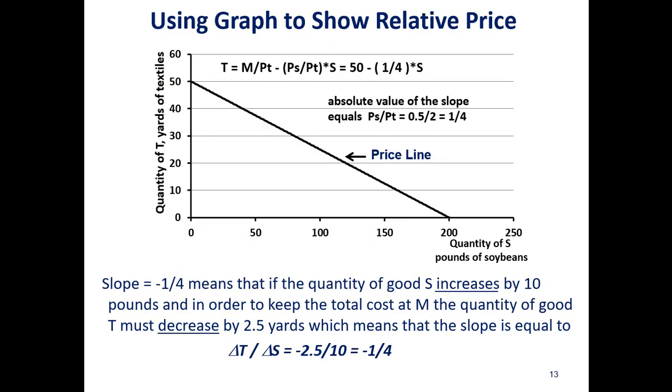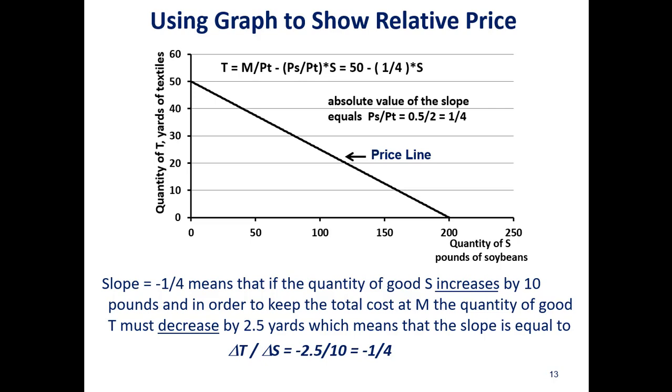So this graph is intended to look at the quantities of the 2 goods, and the vertical axis measures the yards of textiles. So if the producers in this country only produce textiles, the maximum they could produce is 50 units, and if they only produce soybeans, it would be 200 units.